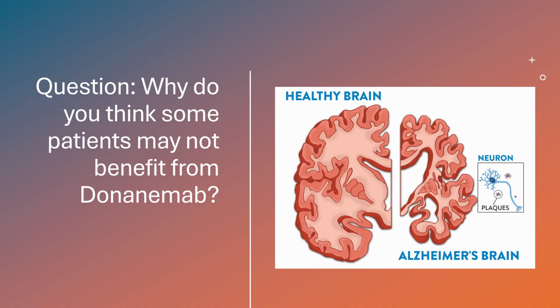Neuron cells are permanent cells that have entered the stage of G0, and they do not undergo mitosis once they're fully differentiated. So once we've already had a significant amount of neuron cell death, there's no reversing that process. So donanemab is seen as the best treatment in early stages of Alzheimer's disease.